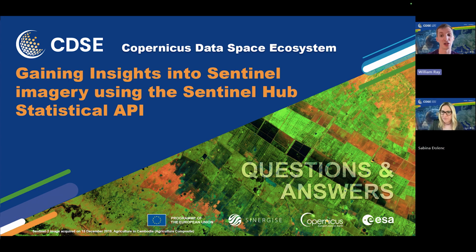That includes Sentinel-1 GRD data, which is the only product from Sentinel-1 we offer in Sentinel Hub. We also have Sentinel-3, so the OLCI and SLSTR sensors, Sentinel-5P, as well as some Copernicus land monitoring service datasets. So you're able to use the Stat API on any Sentinel Hub data collection you wish.